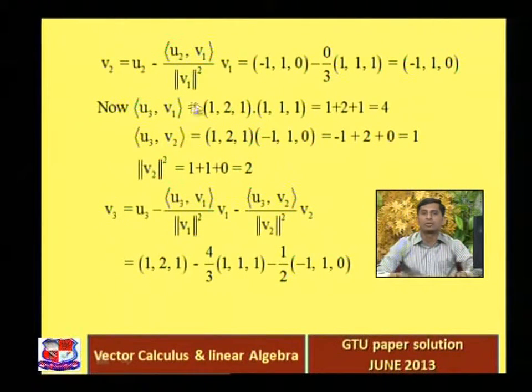So put all these values in this formula. v3 is equal to u3 minus inner product u3 v1 upon norm v1 squared into v1, minus inner product u3 v2 upon norm v2 squared into v2.